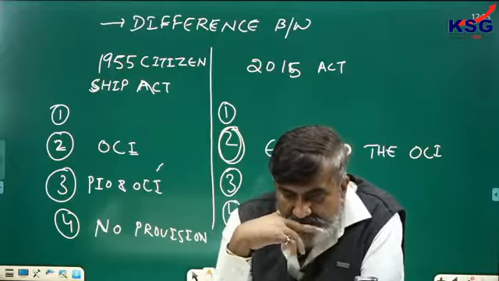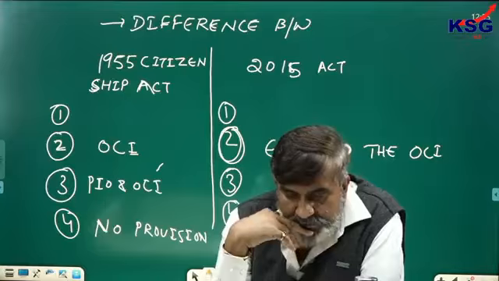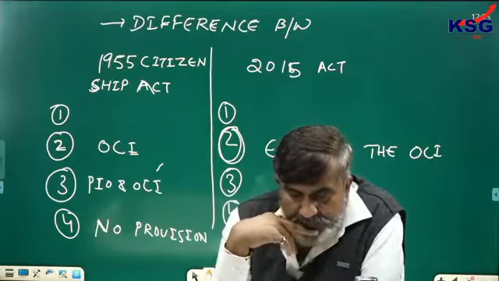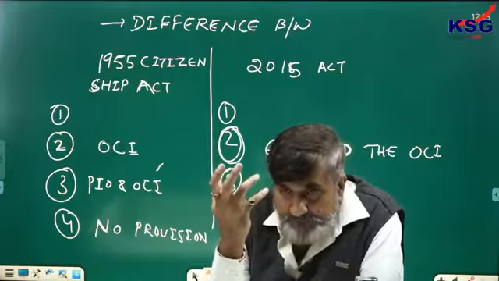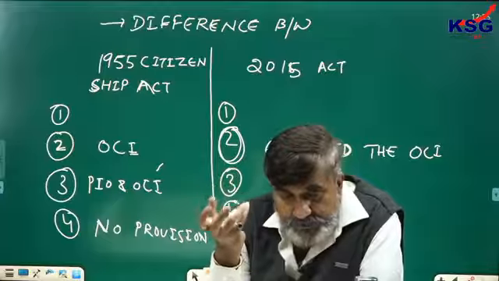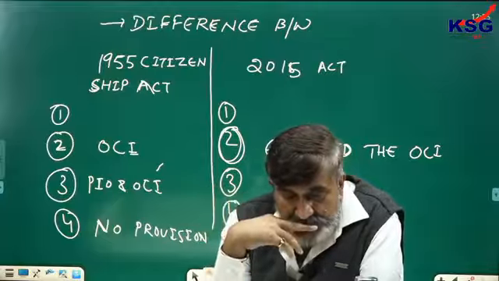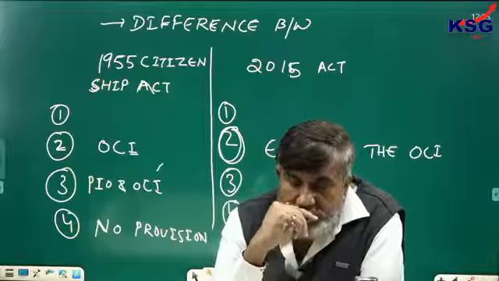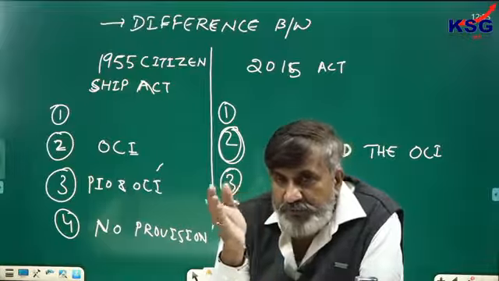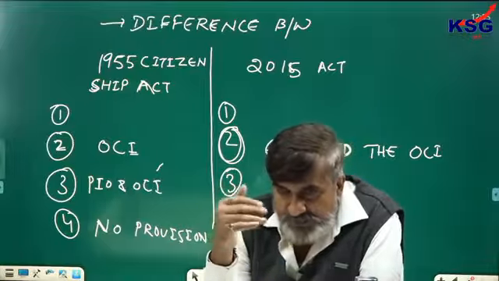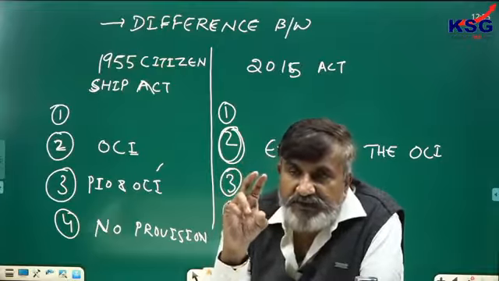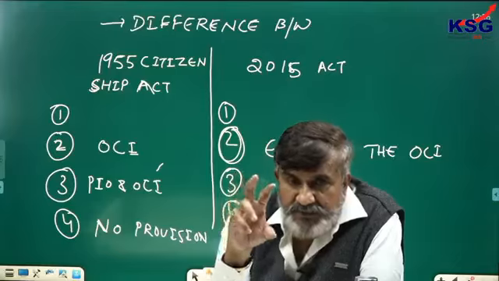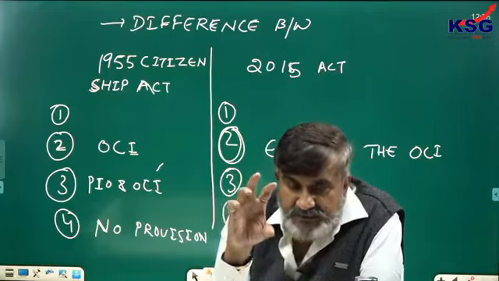Maldives and Myanmar both are neighboring countries, but why are they PIO card holder? Where is it that neighboring countries should not have a PIO card? See, for the PIO card provision, just go through the eligibility criteria at least 5-6 times, that who is eligible for a PIO card, then you will clearly understand.